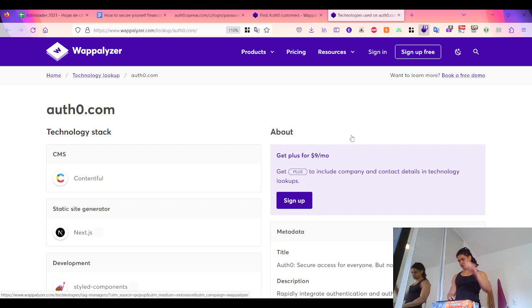Uptime Robot. Stripe. Recache. Framework Scorecard. Platform as a Service, Amazon Web Services. Using Node.js. Google Charts. Appointments with Calendly. In Crisp, live chat. In CloudFront, Amazon CloudFront.